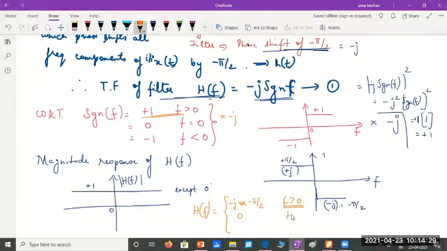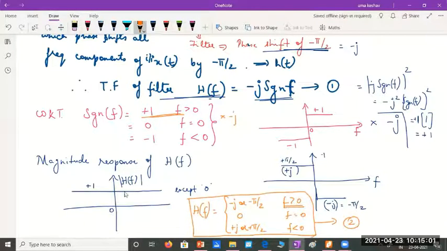At frequencies equal to 0, it will be 0. And at frequencies less than 0, it will be -1 into -j, which will be +j or +π/2. Okay, this is the definition of the filter transfer function h of f. H of f is the filter used as the Hilbert transformer, and its transfer function is defined like this.